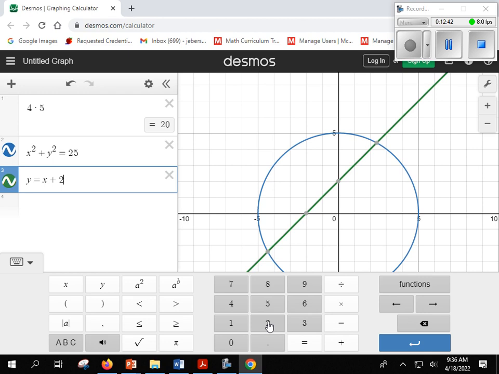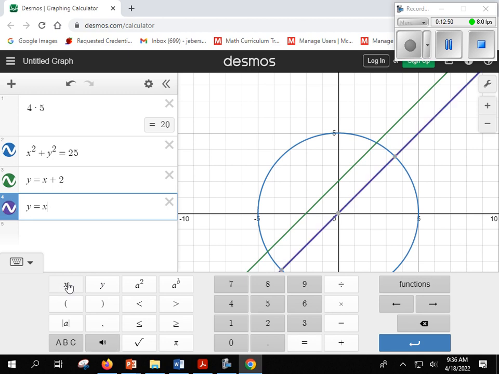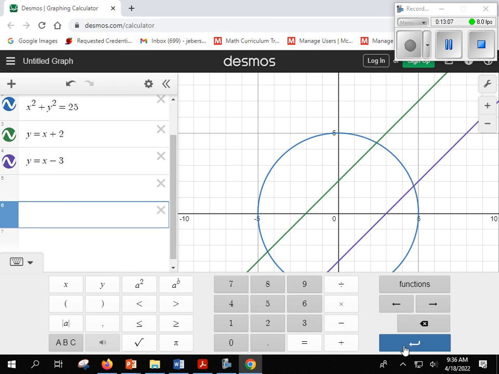We graph that line, and then you could graph another line, y equals x minus, I shouldn't have done that, 3. I might have to change this, because what's true about those two lines? They're parallel. I should not have made my slopes the same.